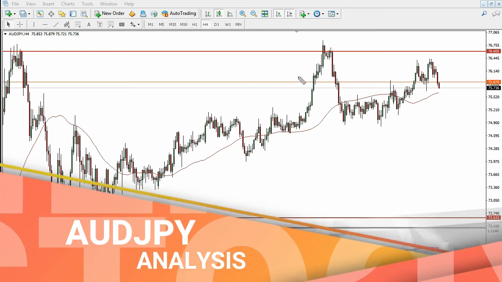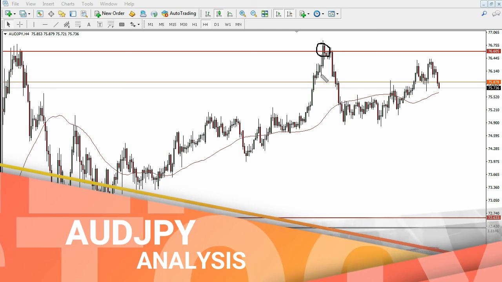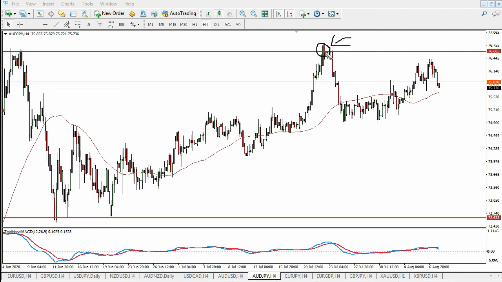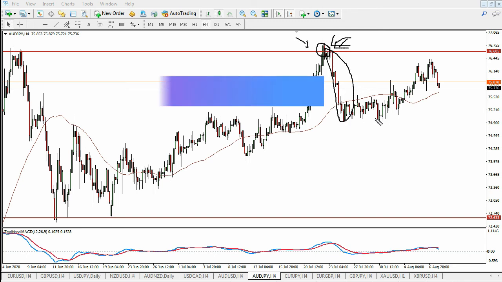I posted this trade over this area, that we might see some downward move over this area. I posted this trade setup in my Telegram group, and we took this trade over this area, and the price was moving as expected.